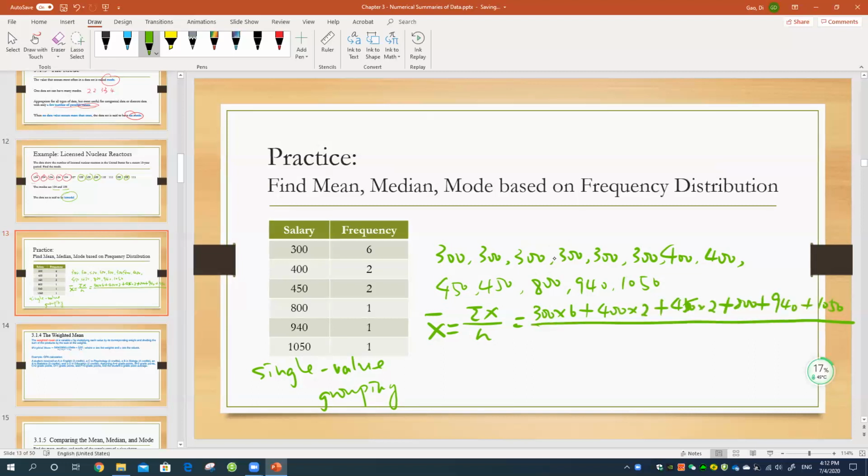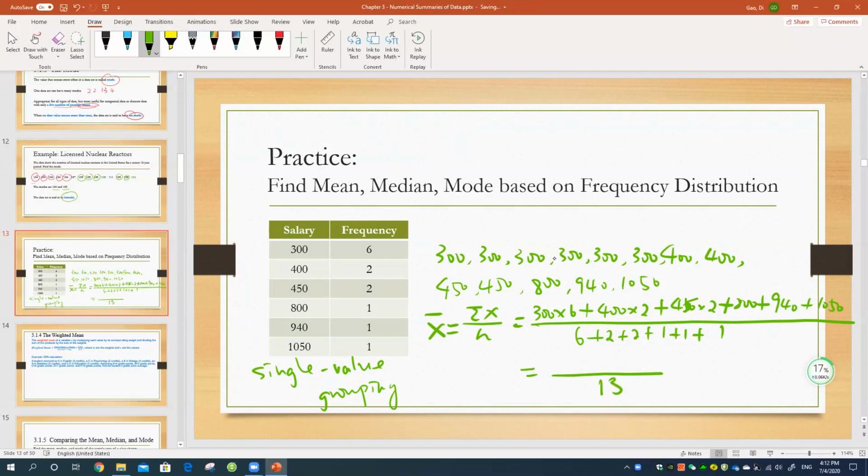Actually, the total of the frequencies. So 6 plus 2 plus 2 plus 1 plus 1 plus 1. Now let me use the calculator. So we have 13 numbers in total.